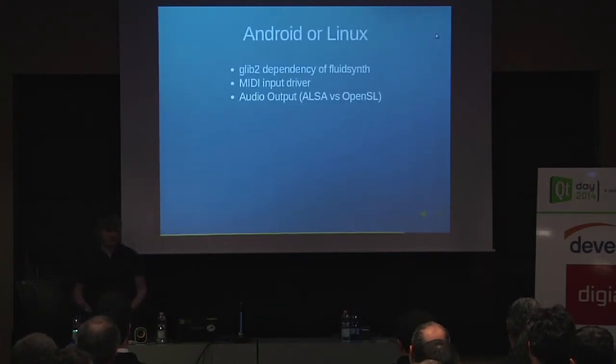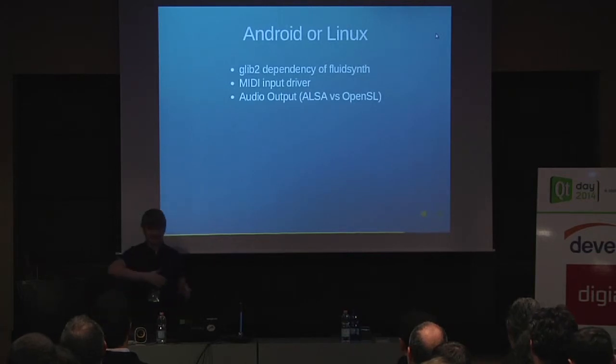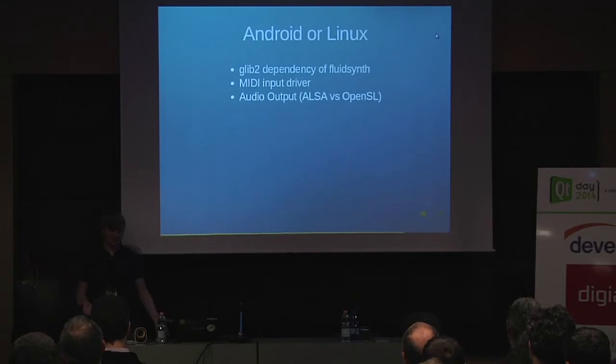Since we're using Embedded Enterprise, I needed to decide whether I wanted to use Android or Linux. It turns out that the FluidSynth library itself has a glib2 dependency, which is somewhat troublesome on Android. I needed to make sure that the kernel, whether the Android derivative or the embedded Linux kernel, had support for MIDI input. In the case of the default kernel configurations, they both do.